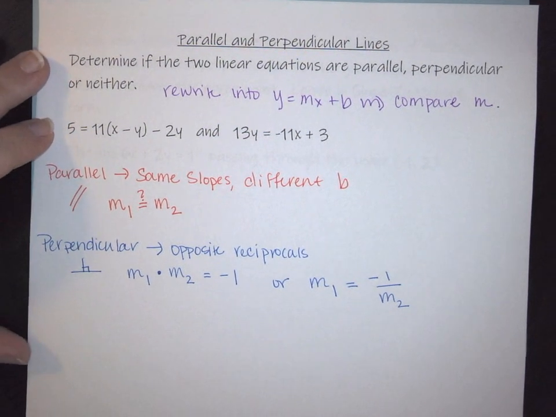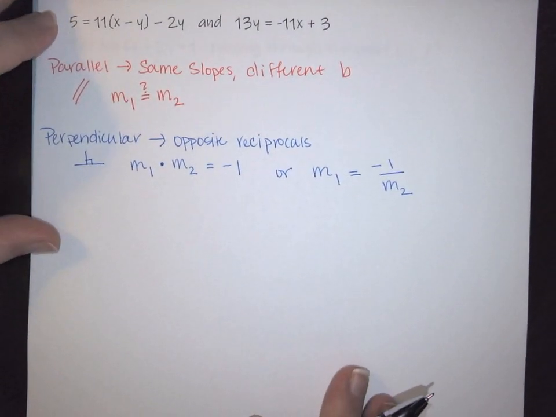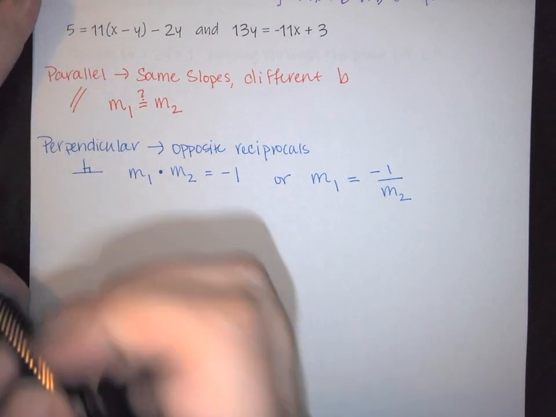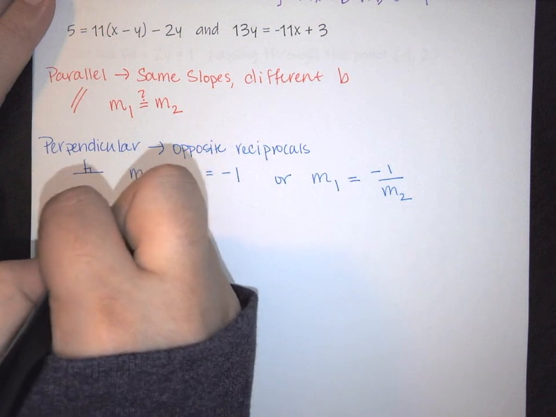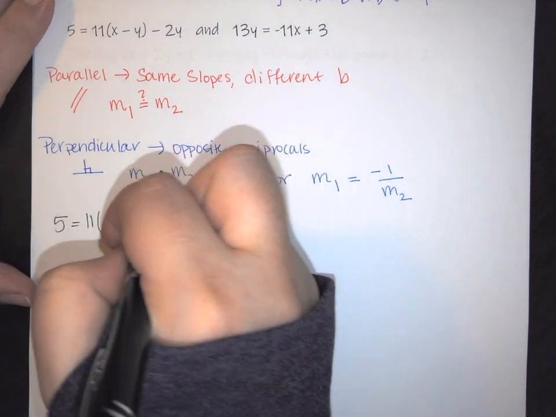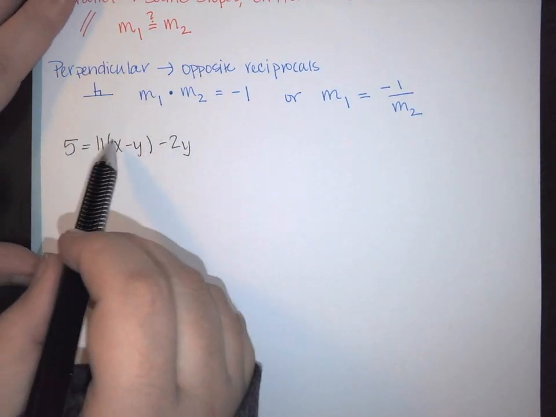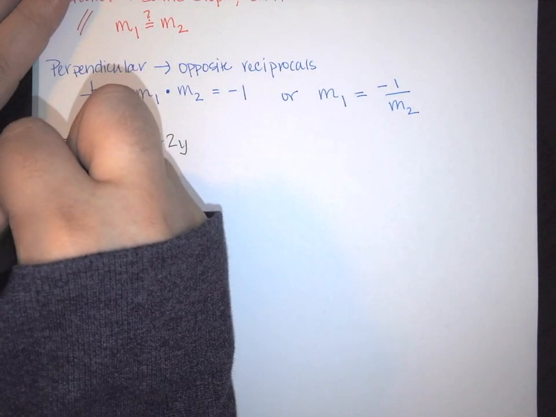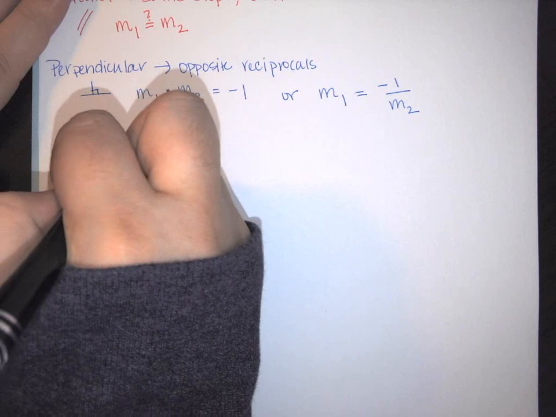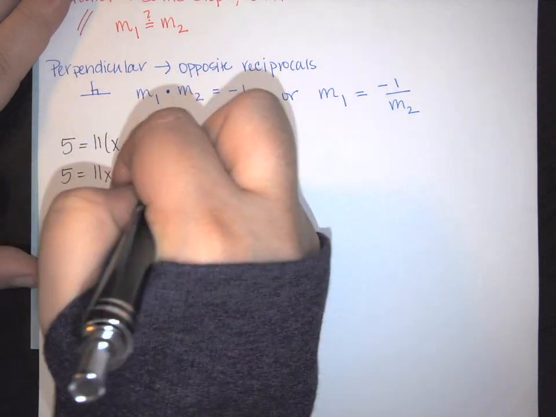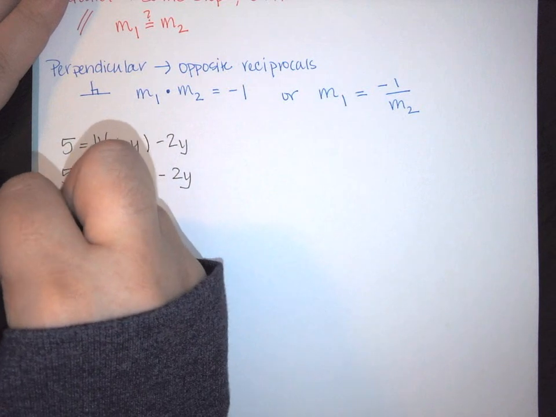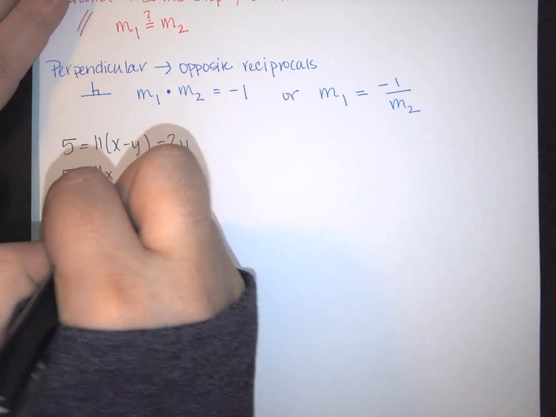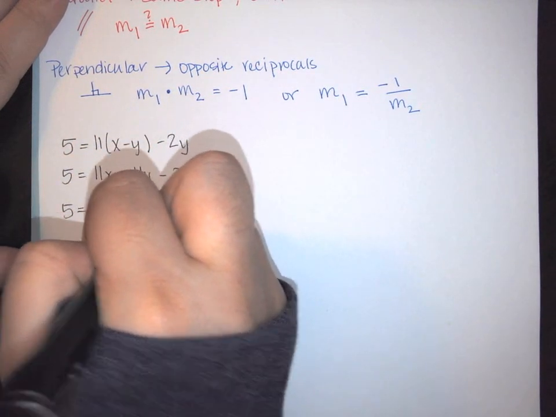So I have 5 equals 11 times x minus y minus a 2y. So I'm going to go ahead and simplify this down. First, distribute the 11. So 5 equals 11x minus 11y minus a 2y. Combine my y's. 5 is equal to 11x minus 13y.